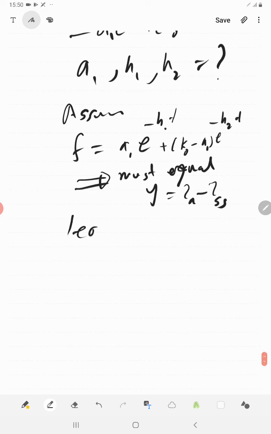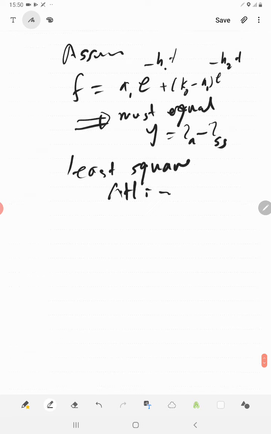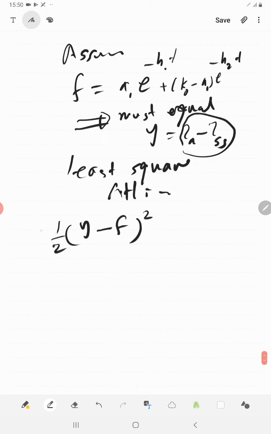So we use least squares fitting, the minimum of that. In least squares, we take Y minus the function, square it, we can also multiply it by a half, and take the sum for all points. This is called the index.